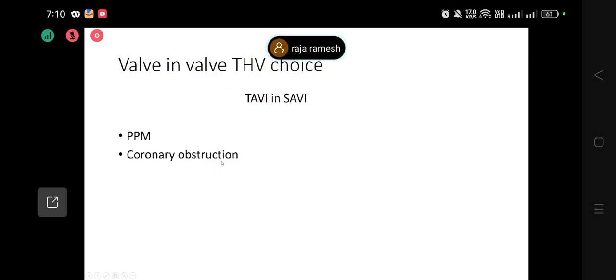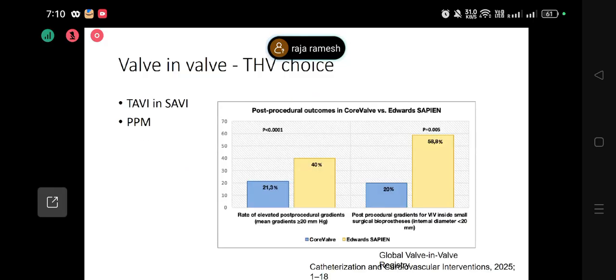And I told you about coronary obstruction, because the initial surgical aortic valve leaflets may impinge on the coronary ostia when pushed by the transcatheter heart valve. For patient-prosthesis mismatch, we already know from the discussion that the self-expandable valve is better. So for TAVI in SAVR, if you want better hemodynamics, choose a self-expandable valve.